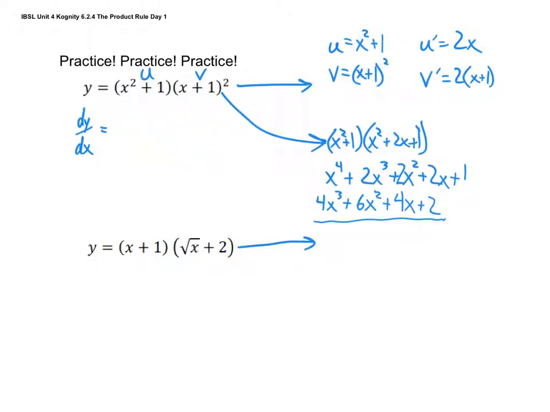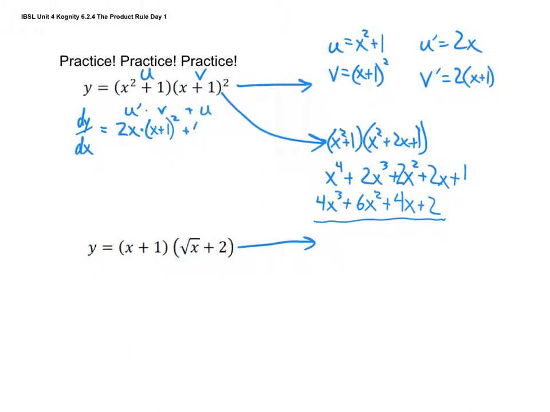So let's show that this works using what we already have. We would have u prime times v. So the derivative of the first is the 2x times the second function, which is x plus 1 squared. So here's the u prime times the v. We need to add to that u.